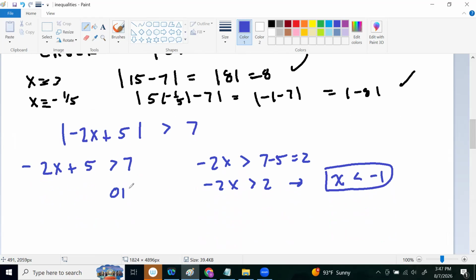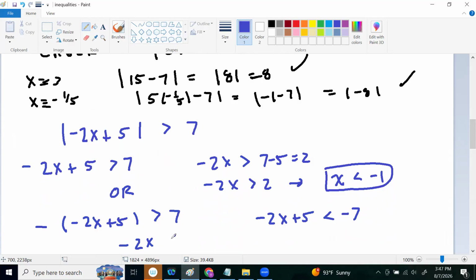Or we have the negative of minus 2x plus 5 is greater than 7. That is minus 2x plus 5. Multiply both sides by negative 1, and you have to reverse the inequality. Minus 2x, subtract 5 from both sides. That's negative 12. Or we get minus 2x is less than negative 12.